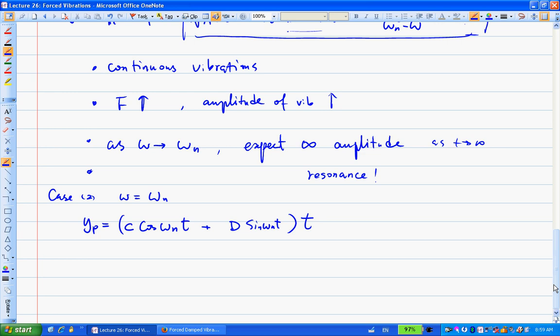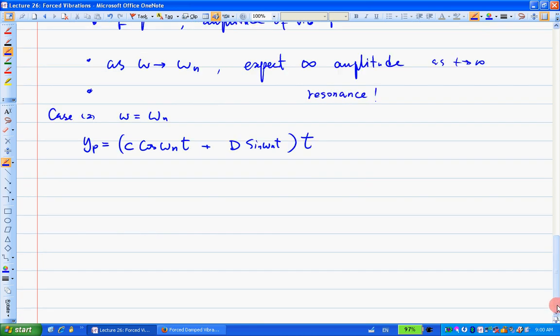Any questions so far? So there's no specific numbers here, but I'm just trying to study a general phenomenon of a second order physical system.